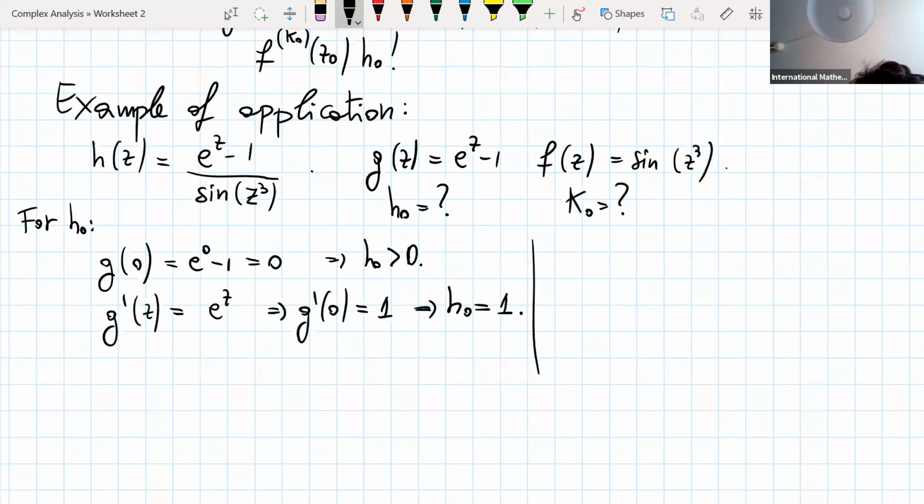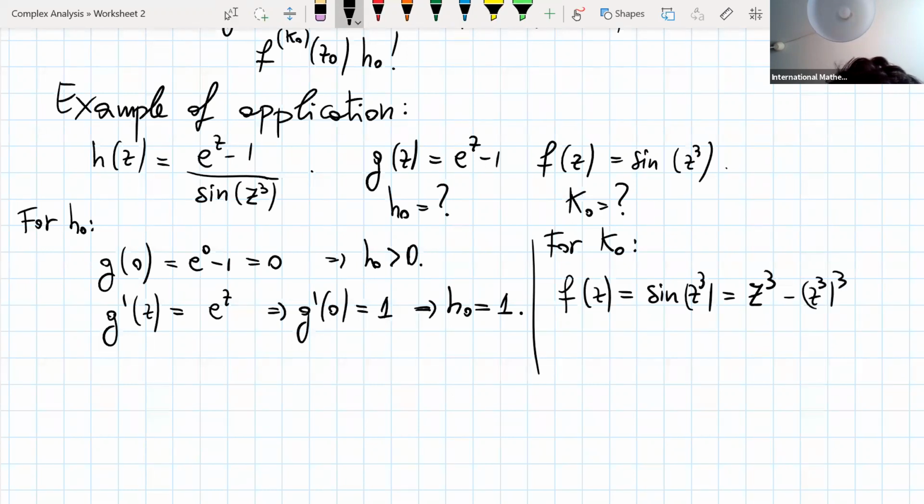So now we can do the same thing for k0. But here, instead of computing just the derivative, we can once again maybe go a bit faster and write the Taylor series expansion. So this is sine of z cubed. And this again is z cubed minus z cubed over 3 factorial plus other terms.